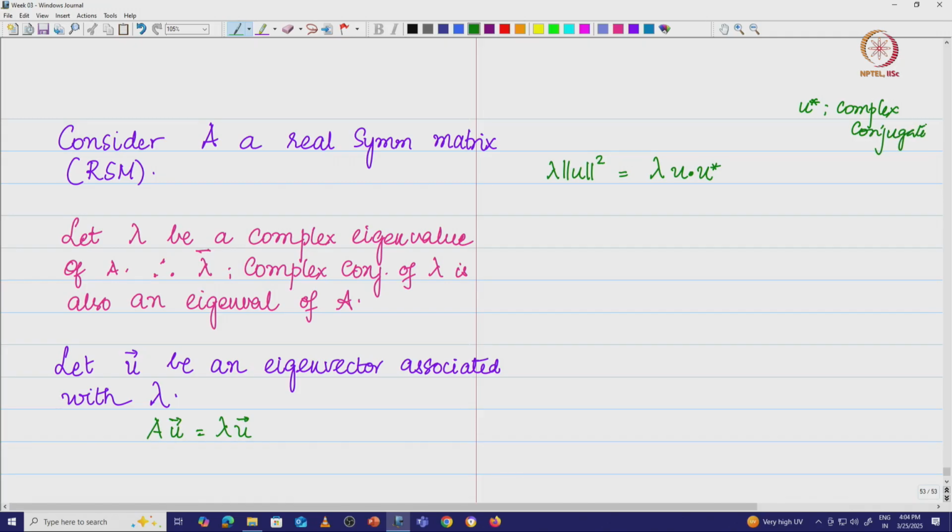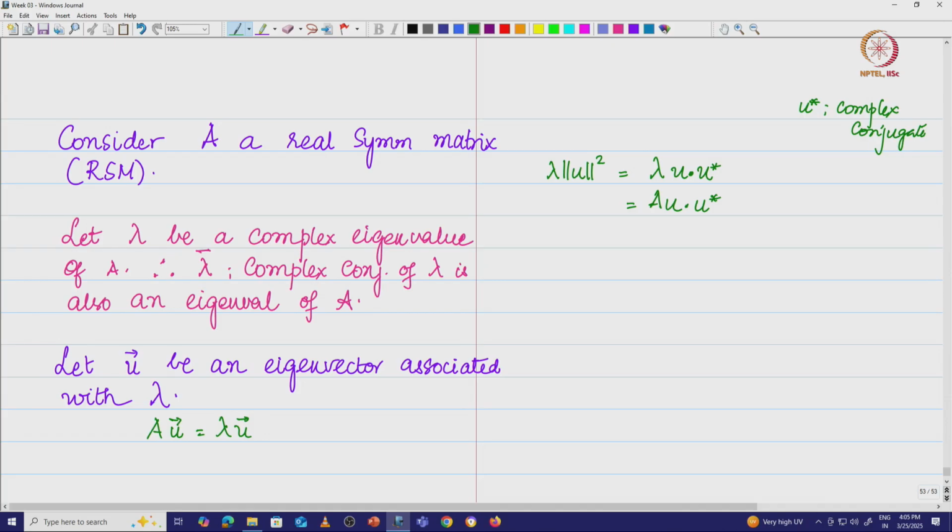Now I can write this lambda u dot u star as A u dot u star, because we assume that it could be a possible complex eigenvector, since your eigenvalue is complex.